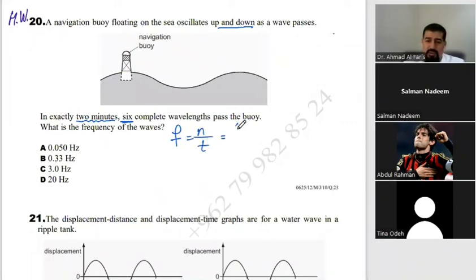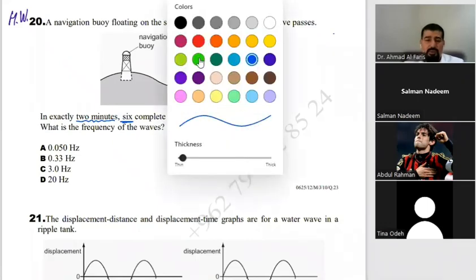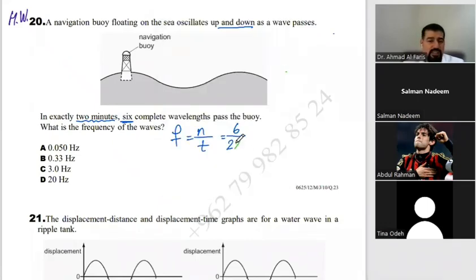The number of vibrations is 6 divided by 2, but we are not talking about 2 seconds. We are talking about 2 minutes here. So we have to multiply it by 60. And the correct answer is 0.05. Thank you, Salman. So the correct answer is A, because we are talking about 2 minutes, 120 seconds.